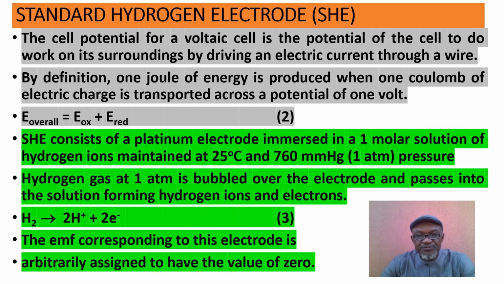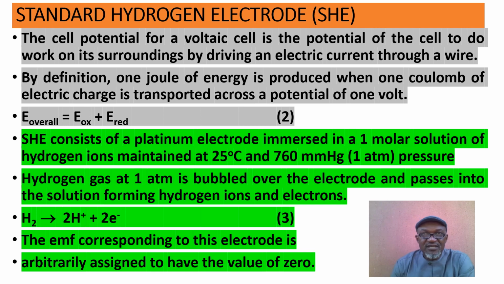So we'll see that some half cells will have positive values, while some half cells will have negative values. In fact, this leads to the activity series, which we will just mention. Google the activity series. When you Google the activity series, you will see where all the standard half reactions are listed. And you see the half reactions that are above hydrogen and the half reactions that are below hydrogen.